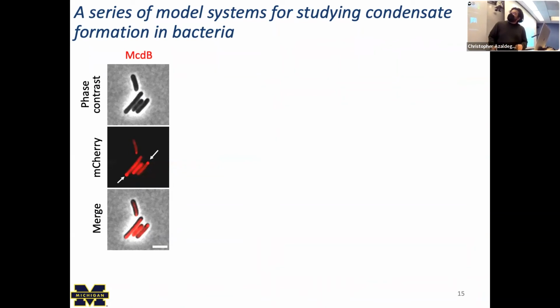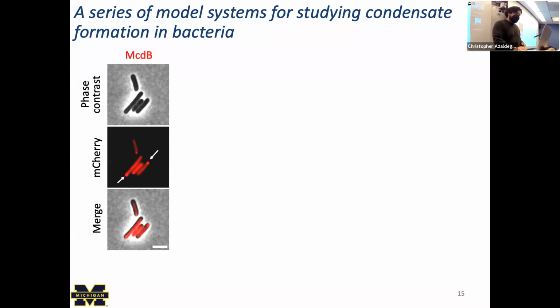To do some fluorescence imaging of these, we switched our fluorescent protein to mCherry to remain consistent, and it would be compatible with other two-color imaging. Here you see McdB still forms these highly enriched foci, denoted by the white arrows, while also maintaining a significant fraction of fluorescent signal in the cytoplasm, which is indicative of a two-phase system where you have a highly enriched dense phase while still maintaining a dilute phase.